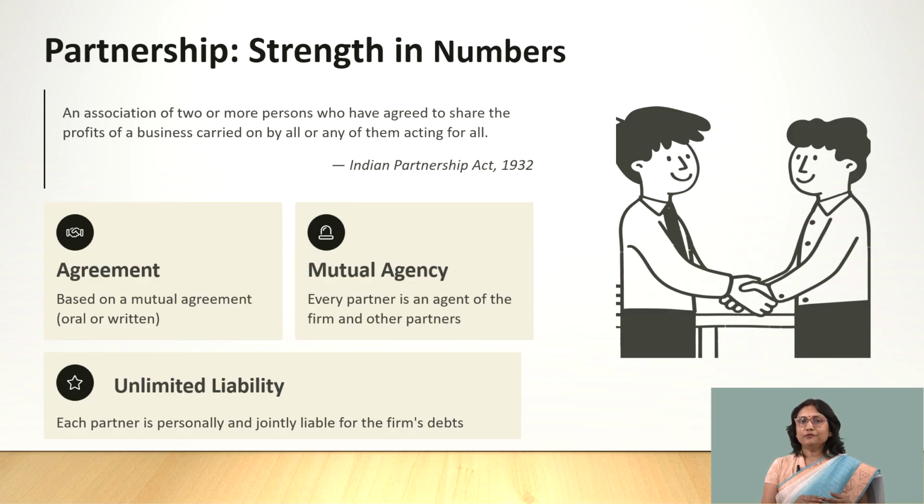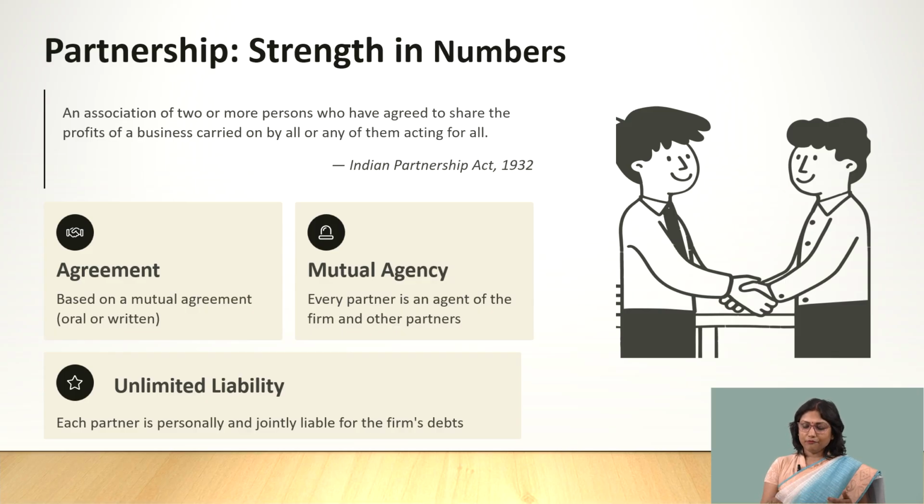Regarding the liability of the partner, although the numbers increase and their strength increases, the liability of the partners still remains unlimited. It means, very similar to the individual business or the sole proprietorship, partners also need to bring from their personal resources in case the financial requirement of the business demands.